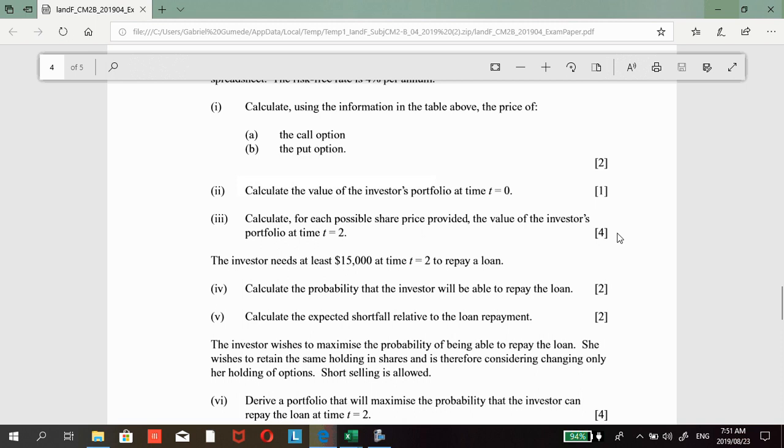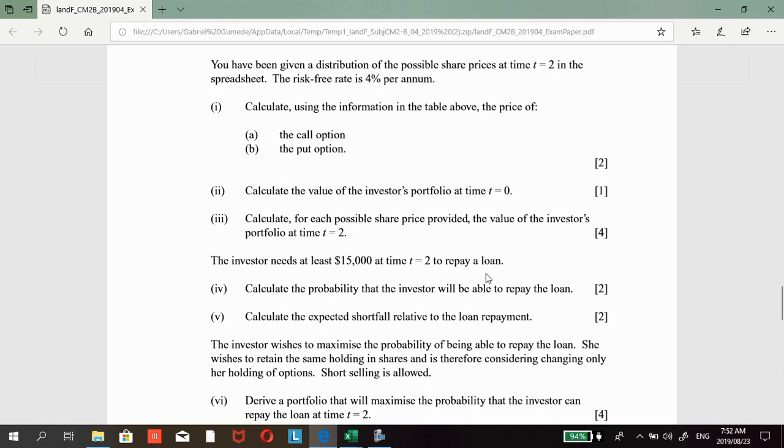Nice, 4 marks. Now they're saying the investor needs at least $15,000 at time t is equal to 2 to repay a loan. Now they are saying calculate the probability that the investor will be able to repay the loan.